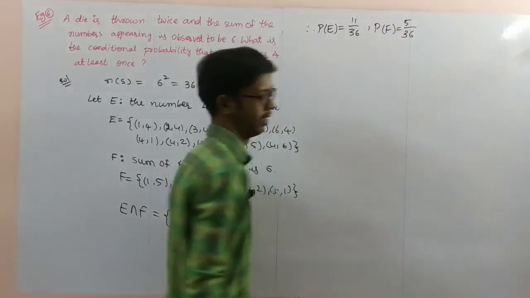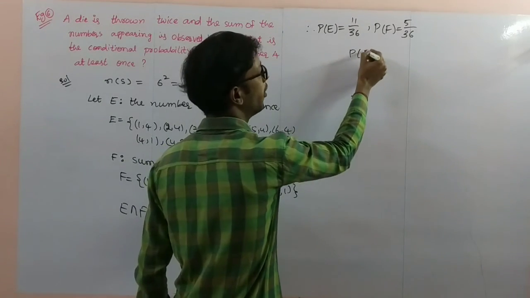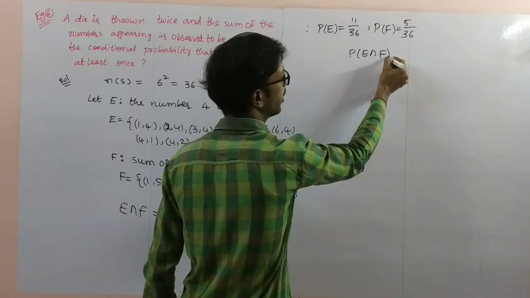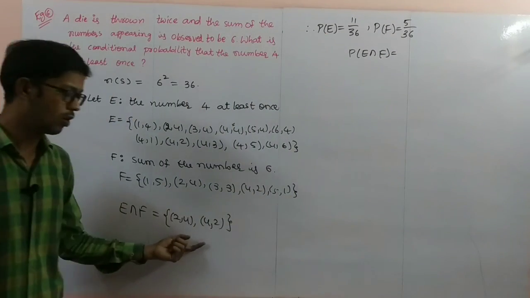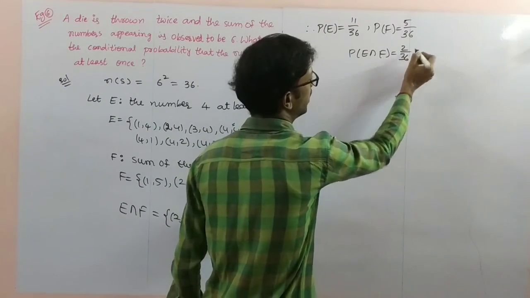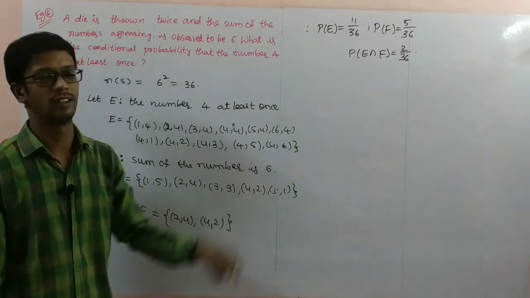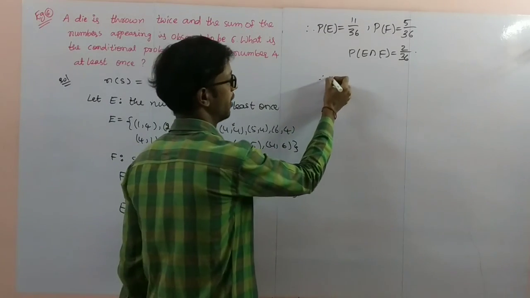Total is 36. Next, probability of E intersection F is 2 elements, so 2 by 36. I am not doing the simplification because 36 will cancel in the next step.